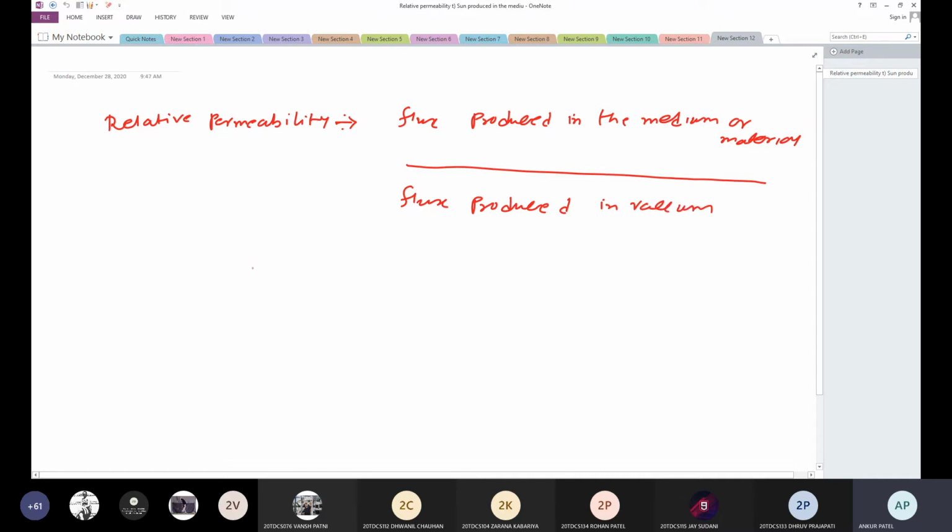So mu r is equal to flux produced in the medium or material to the flux produced in vacuum.